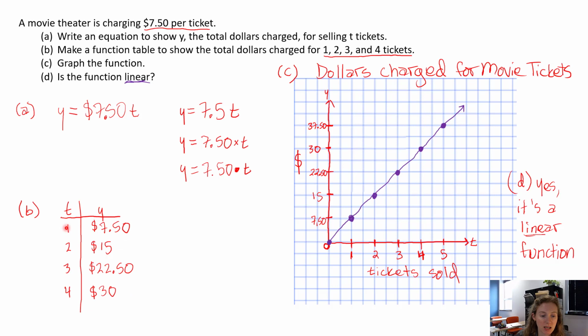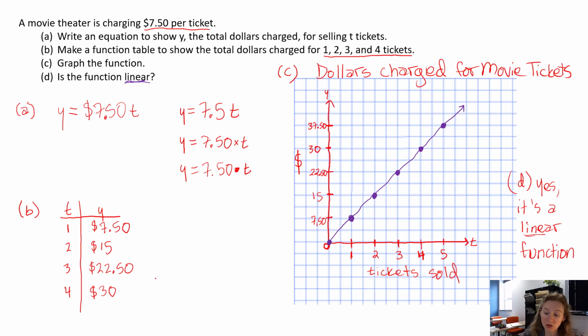So the ticket number goes up by 1, the price goes up by $7.50. The ticket number goes up by 1 again, the price goes up by $7.50 again. So it's the same change happening each time. Every time that our ticket number goes up by 1, our price goes up by $7.50.